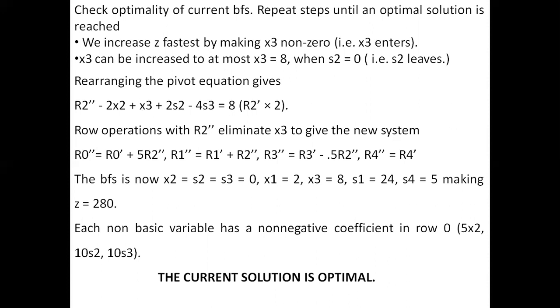And upon rearranging this and performing the row operations with respect to R2 and eliminating x3 in the given system, it will be verified whether this has been identified or not. Next, each non-basic variable has a non-negative coefficient in row 0. Hence, 5x2, 10s2, 10s3 give the current solution, and hence the obtained value is greater than or equal to 0.